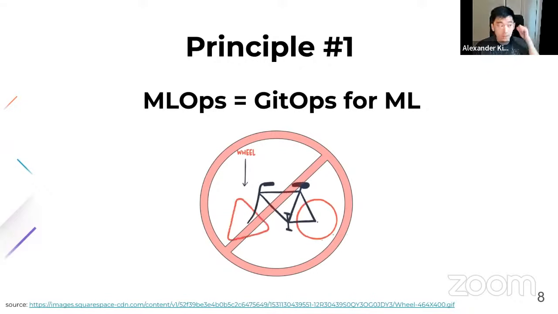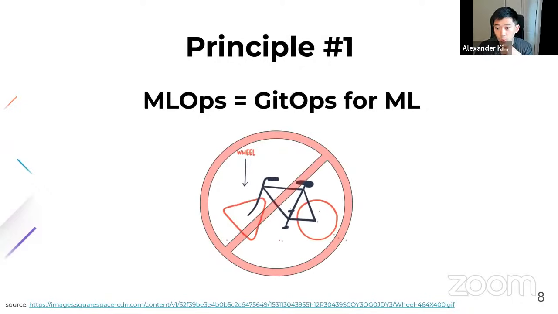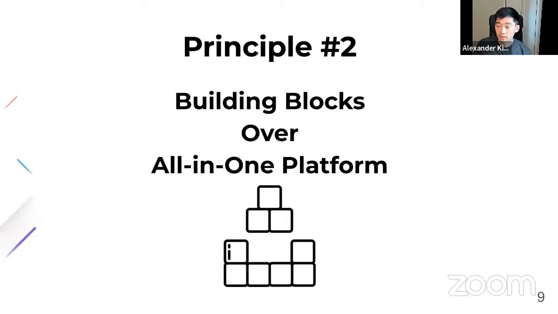The first principle is thinking about MLOps as GitOps for machine learning and not reinventing the wheel. And the second principle is preferring building blocks over all-in-one platforms. For your own flexibility, the building blocks must be such that they can be integrated together and swapped for other blocks if needed.